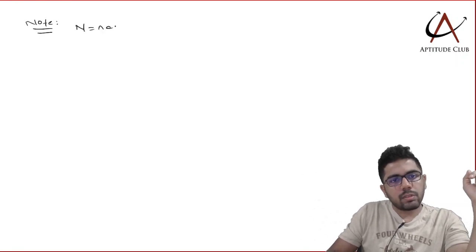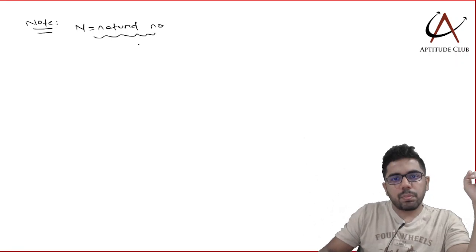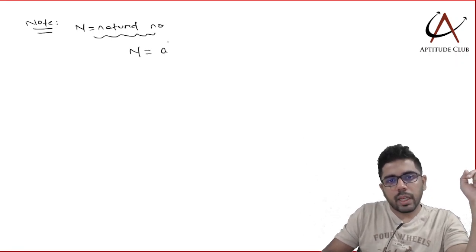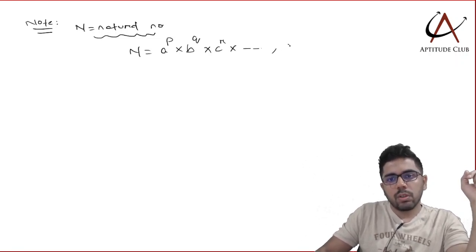So that gives us a normal formula that every time you are given a natural number, let n be any natural number. So your first step is to prime factorize n. n को तुम इस फॉर्म में prime factorize कर लो: a to the power p, b to the power q, c to the power r and so on, where a, b and c are prime factors.